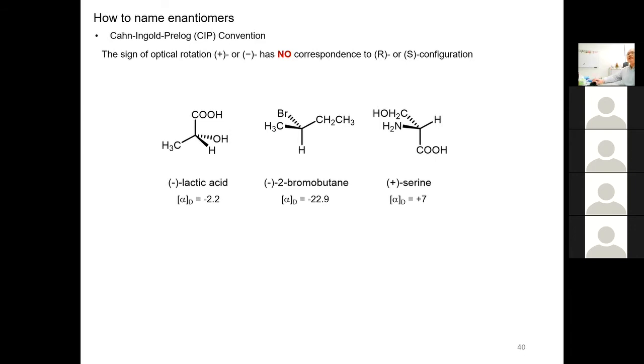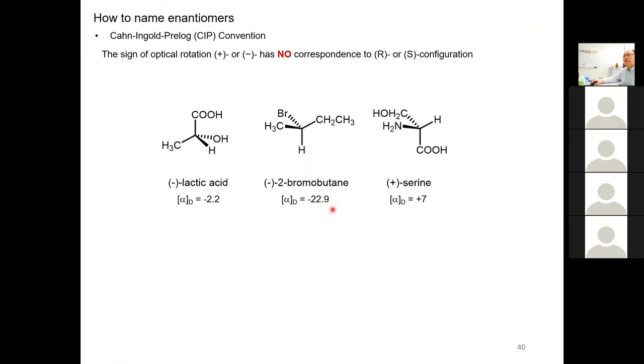Okay, so after we learned that there are CIP rules that we can use, based on the structures of different molecules, to assign a configuration, now we want you to realize that the sign of optical rotation, which is connected to the physical properties of these enantiomers, has no correspondence to the R/S configuration whatsoever.